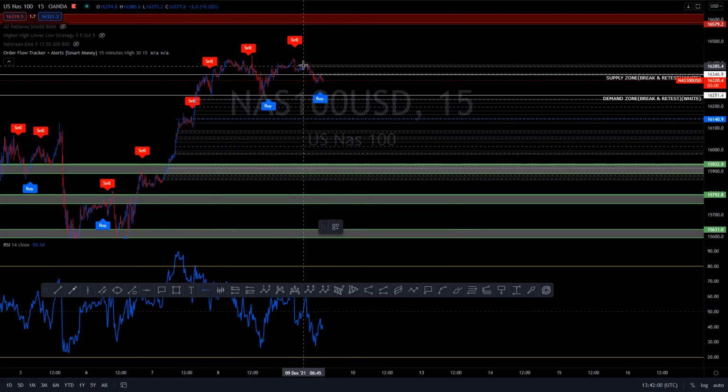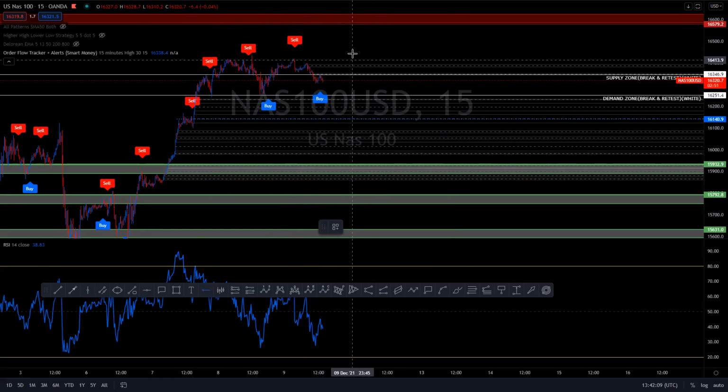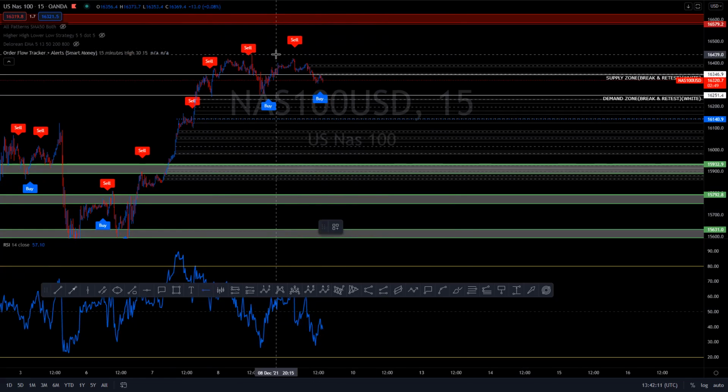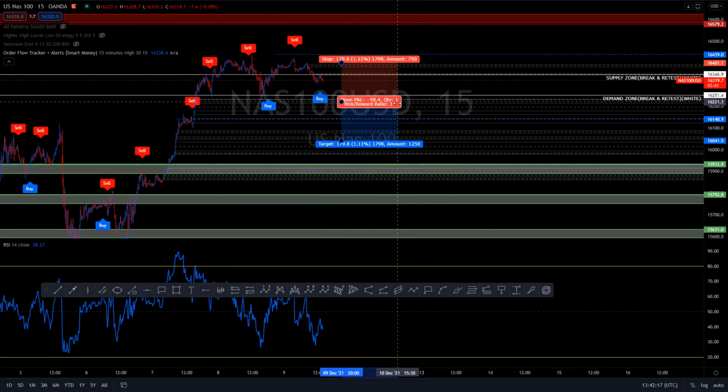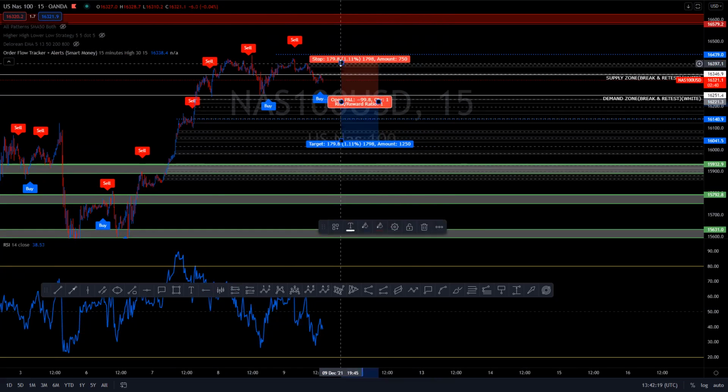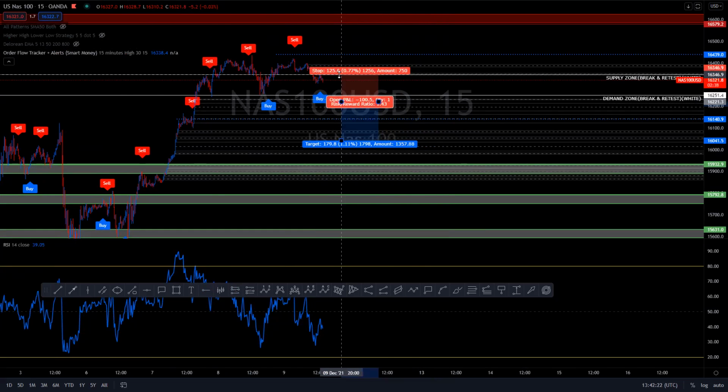So if price decides to buy up, then I might set my first take profit here. But now that I did that, I'm going to go ahead and set my risk to reward levels, using the risk to reward tools.